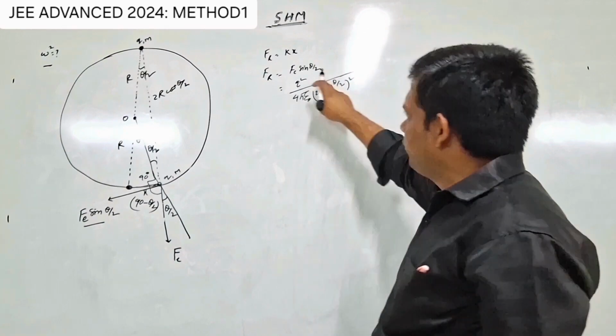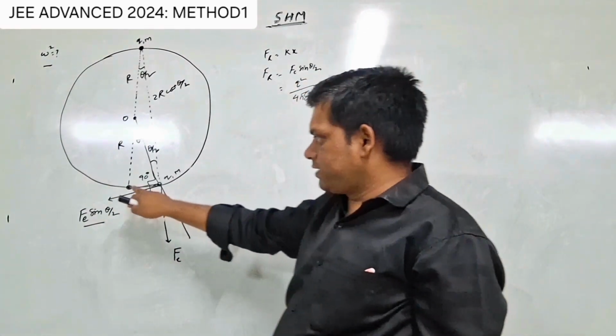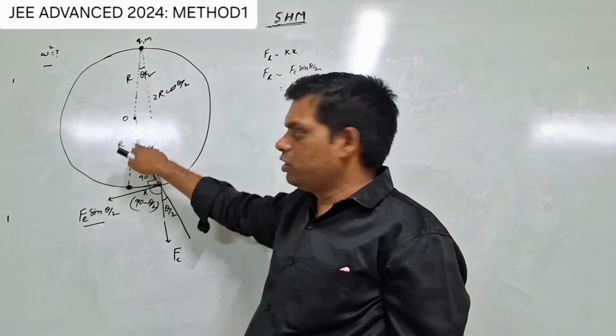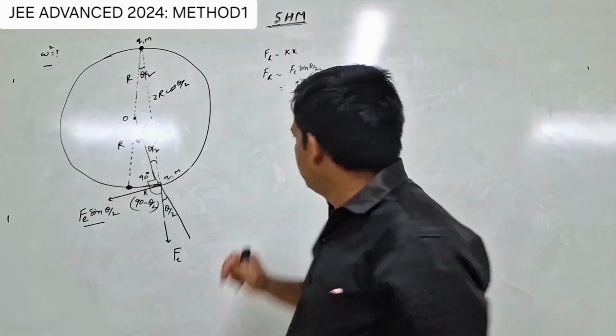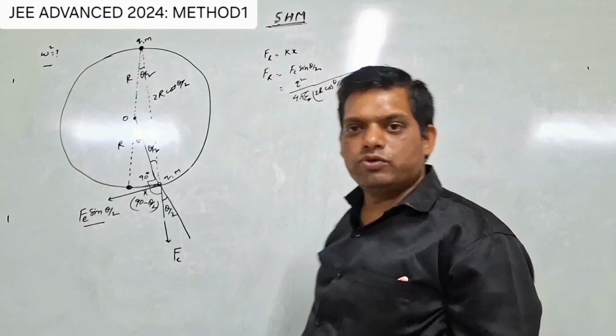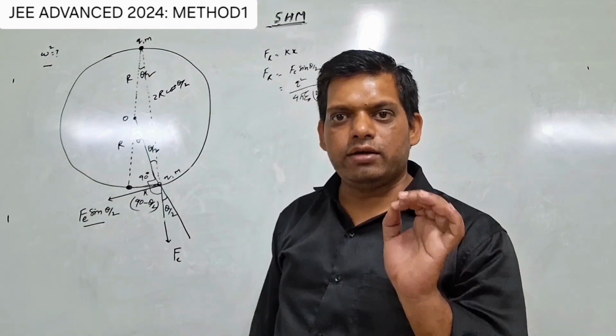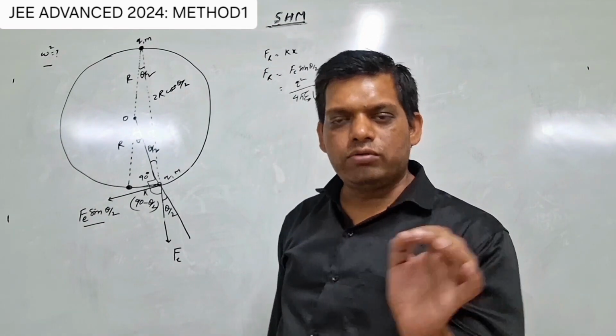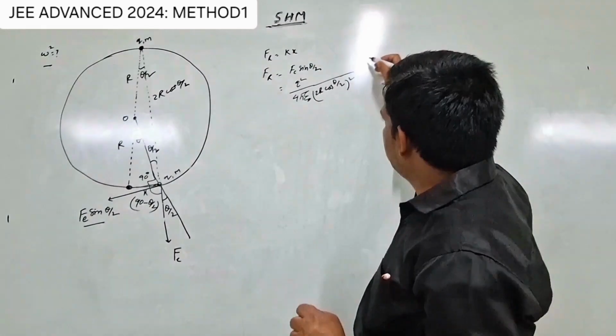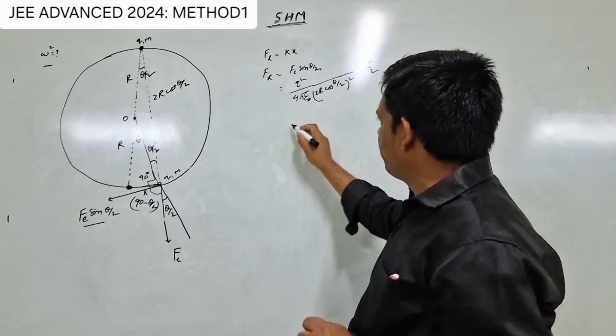Since x is very small, theta will also be small. So when theta is small, theta by 2 will also be small. For a small value of angle, we know that sin of the angle is equal to the angle. So sin theta by 2 will be equal to theta by 2.